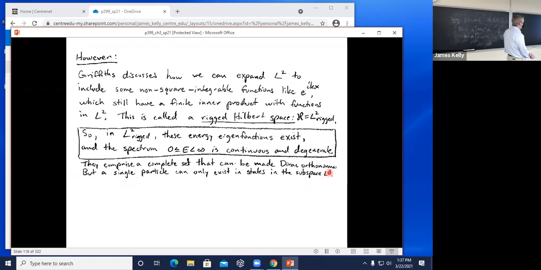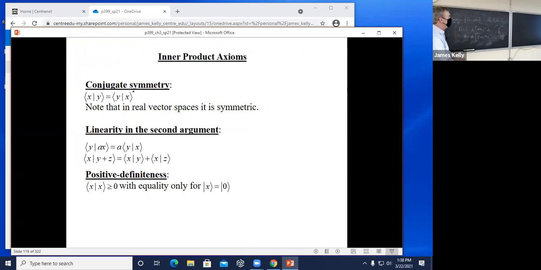And generally, if we have these other states that aren't in capital L2, but they're in the rigged, the extended part of it, they generally form a continuum rather than a discrete set of vectors, and we can Dirac orthonormalize them in the sense that is hard for us to do. It takes a lot of work, so we're not going to worry about it, but we're just going to think in the back of our head that someone is going to Dirac orthonormalize them for us. We did it for the free particle energy eigenfunctions. The other cases we're just never going to worry about.